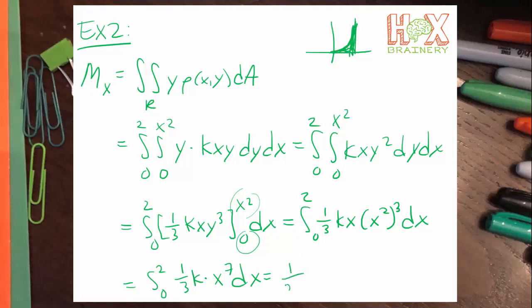So I'm going to get 1 over 24 k x to the 8th power, going from 0 to 2, and then plug 2 in for x. Then simplify this, so you get 32 thirds k. So that there is your m sub x, your moment about the x-axis.